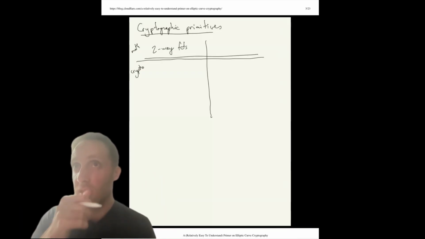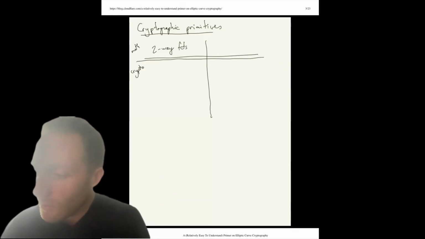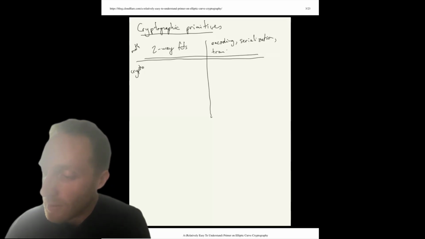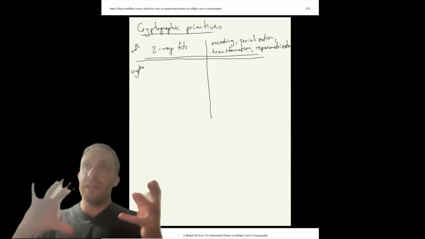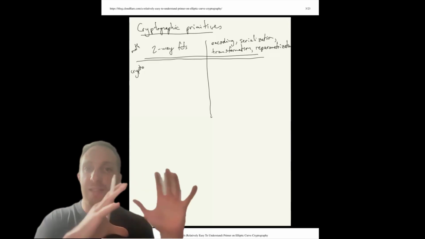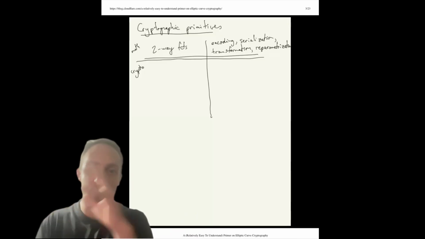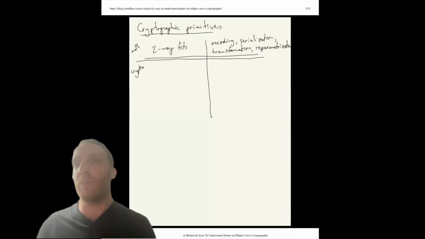If we first look at two-way functions, typical examples are encoding, serialization, transformation, reparametrization, also known as a bijection. Typically, when you encode or serialize, let's say to JSON, you can always count on bringing it back, deserializing. Same way for all of these things.